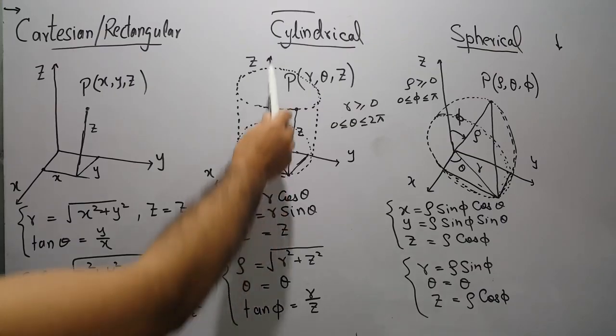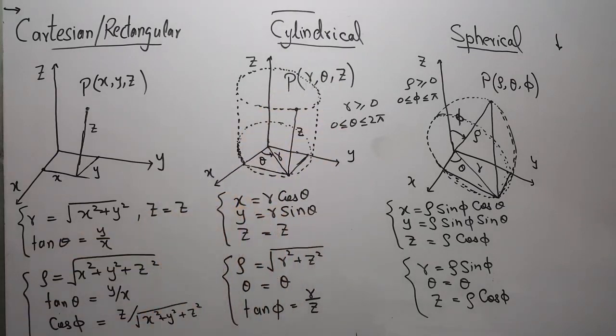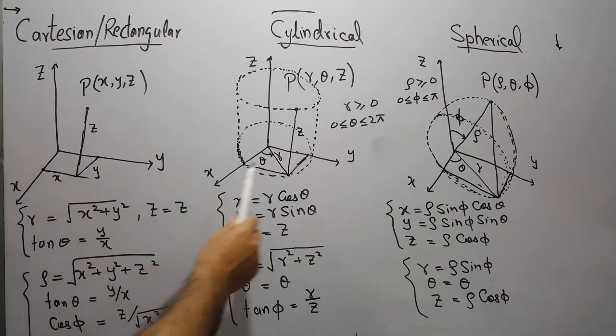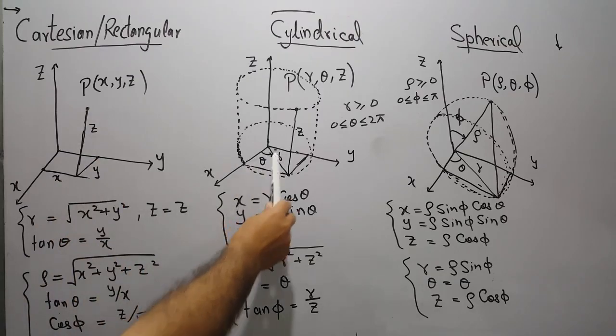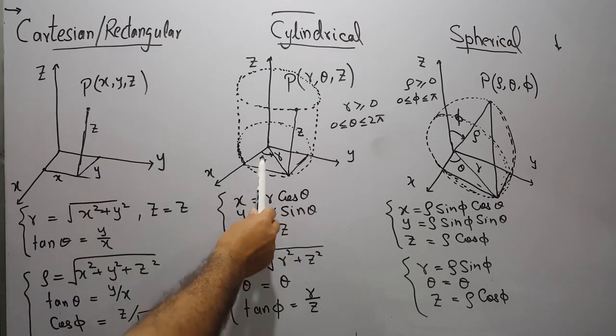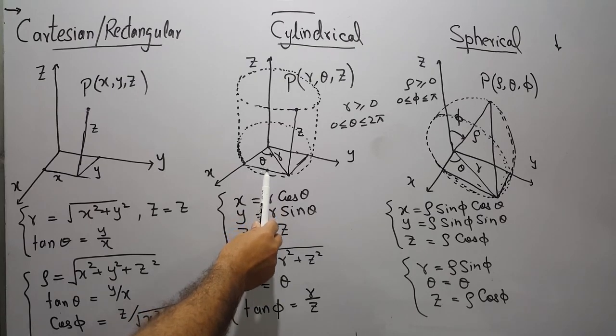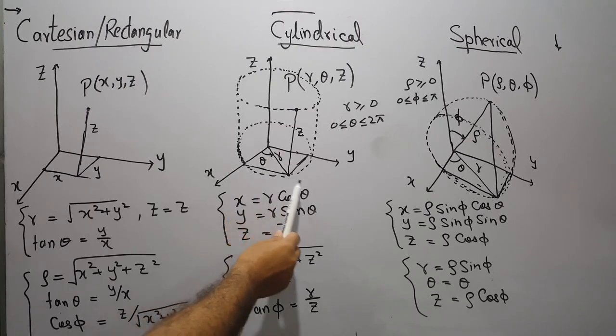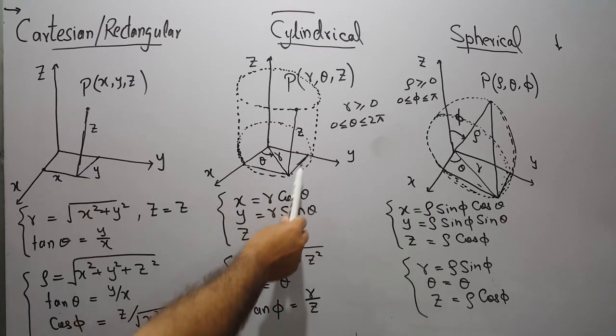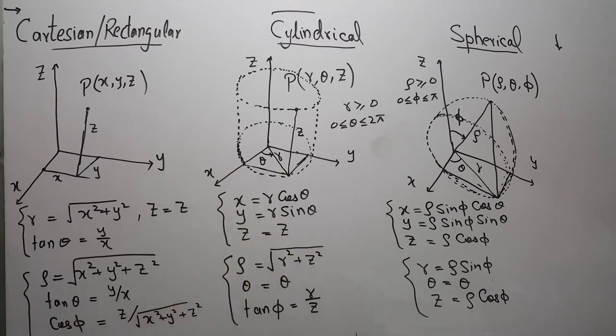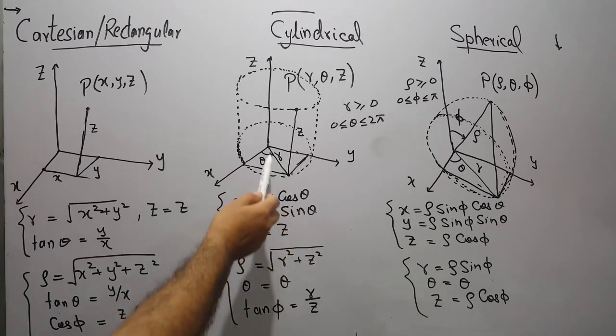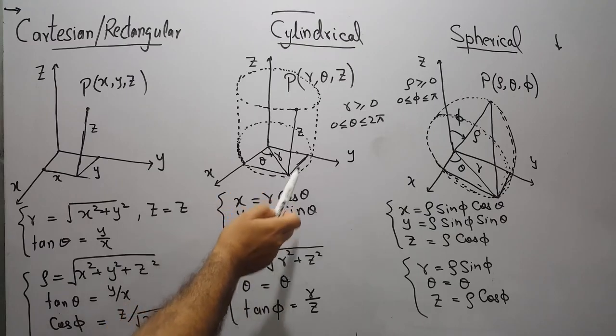The next one is cylindrical, and the difference between cylindrical and rectangular is that you convert the x and y into r and theta. So again you take x, the line parallel to the y-axis and parallel to the x-axis, and they intersect at some point. Now we find the distance from the origin (0, 0) to that point.